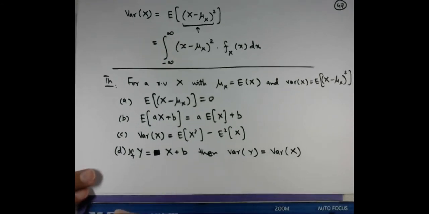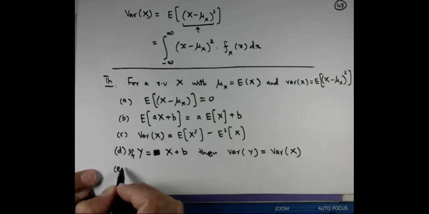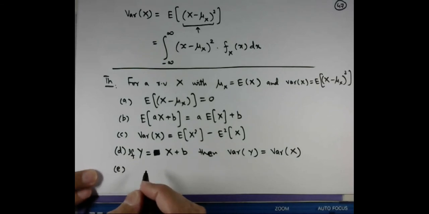But this is not the case when we have a scaled version of x.